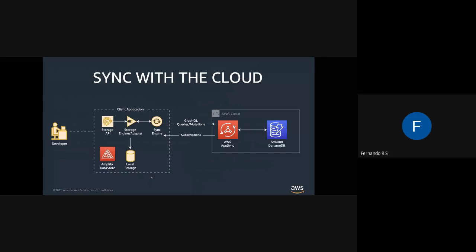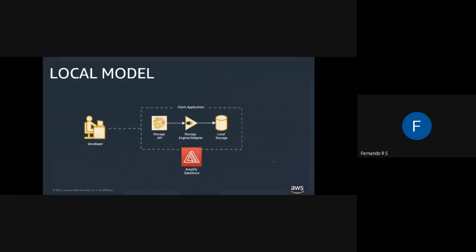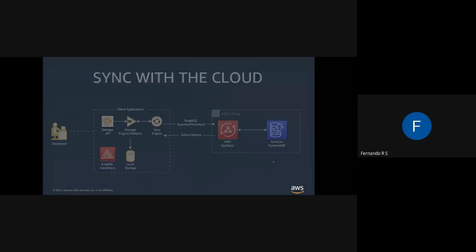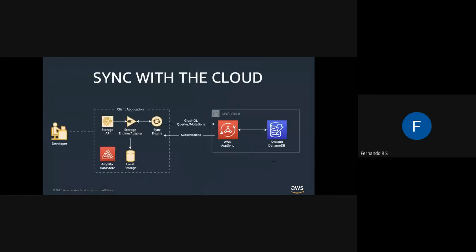Imagine the driver application sending location information back to DynamoDB, for example, and the user application grabbing that information in real time from the same backend. That's the same process here.